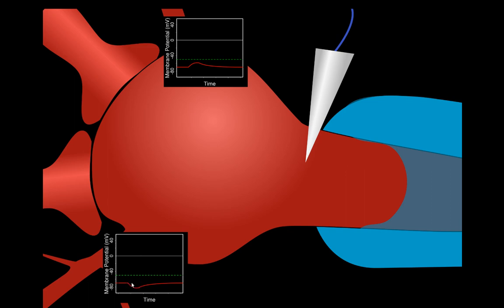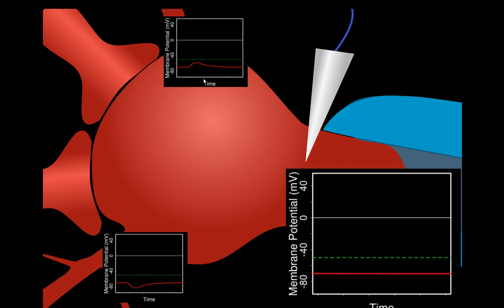And in the upper area, we're seeing a trace for an excitatory postsynaptic potential. And as these sum together, as they reach the axon hillock, you get essentially nothing. They cancel each other out. And so you get these competing signals that can essentially lead to no membrane potential by the time you reach the axon hillock.